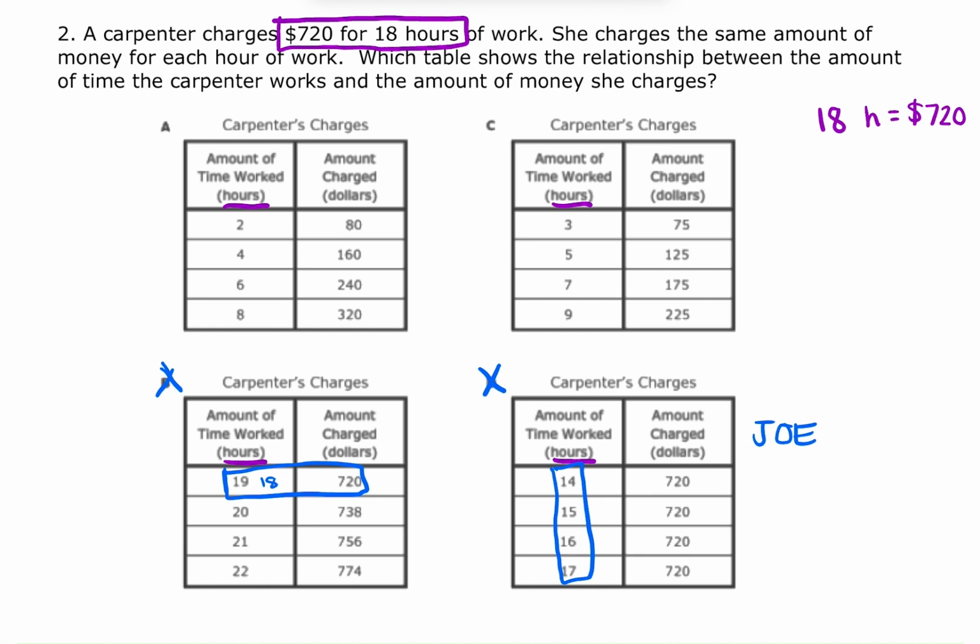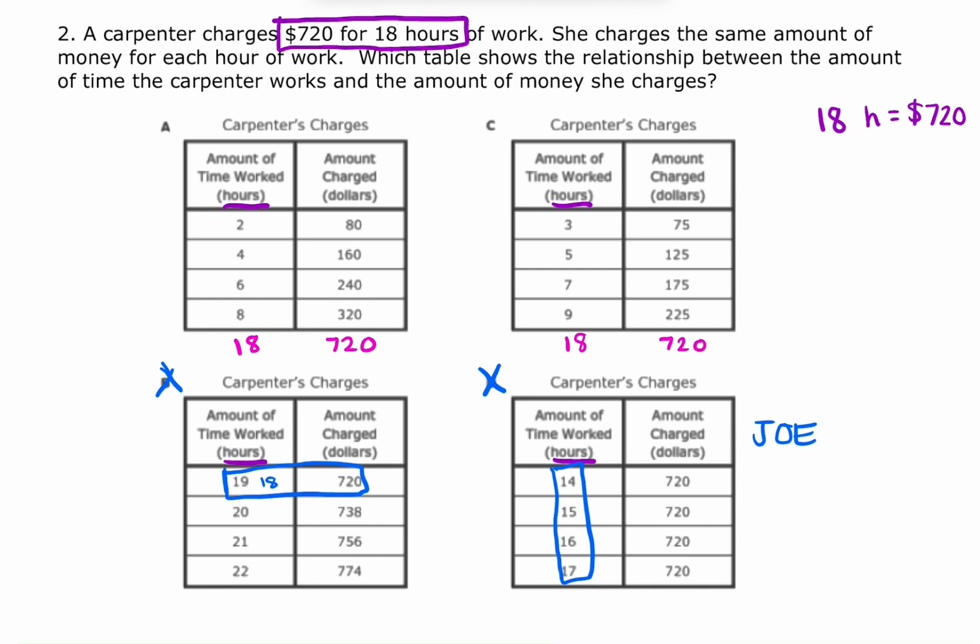So the way you could go about this is you could say, okay, how do I get from 18 to 720? And then find your match. Or we can use this kind of like a ratio. So if I was going to fill this in, my 18 would have to go on this side and my 720 would go here. Same for this one, 18 and 720. Okay, and then I need to figure out an easy jump.